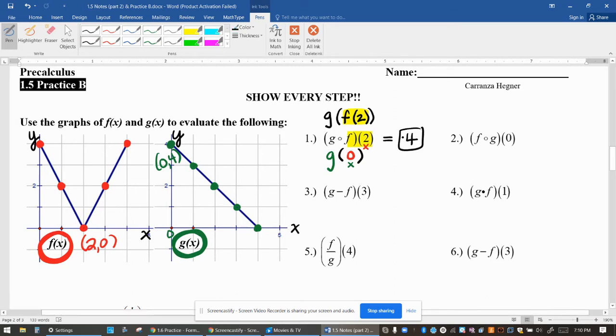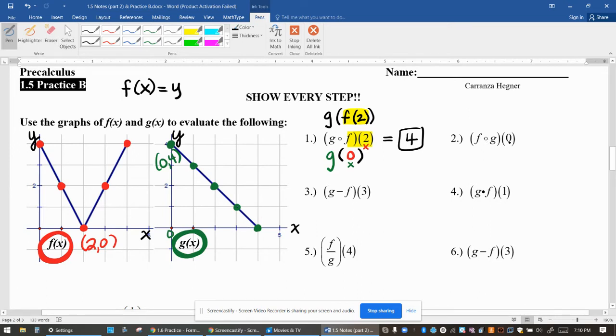And that's the final answer for g of f of 2. Remember that when they give you f of a number, they're asking you to find y. Okay, so here they gave you the 0. G of 0 means that 0 is an x value, and you had to find its matching y value.